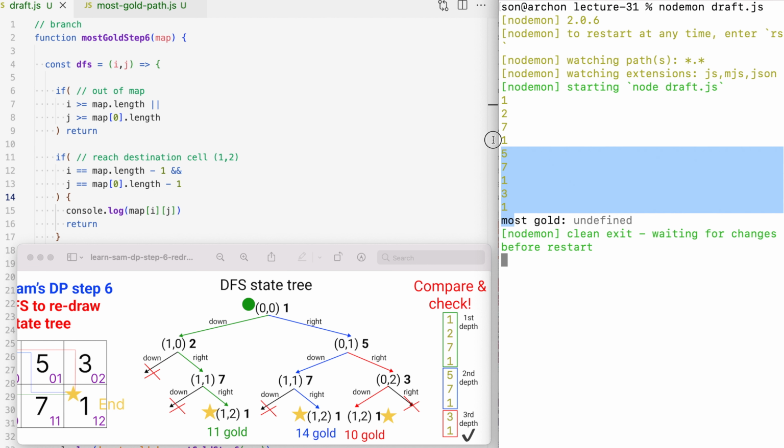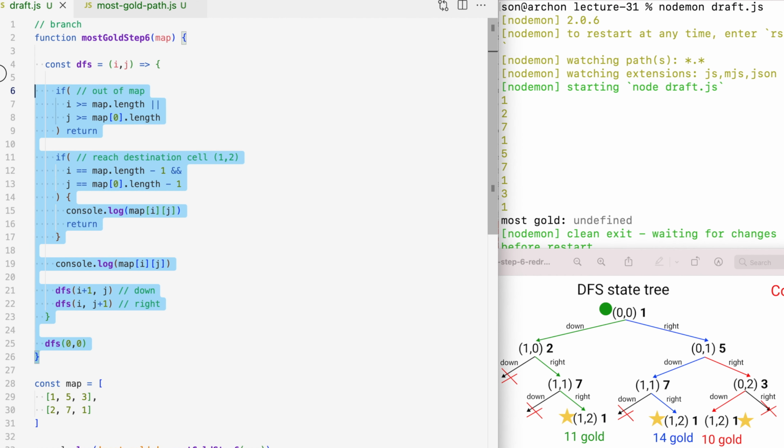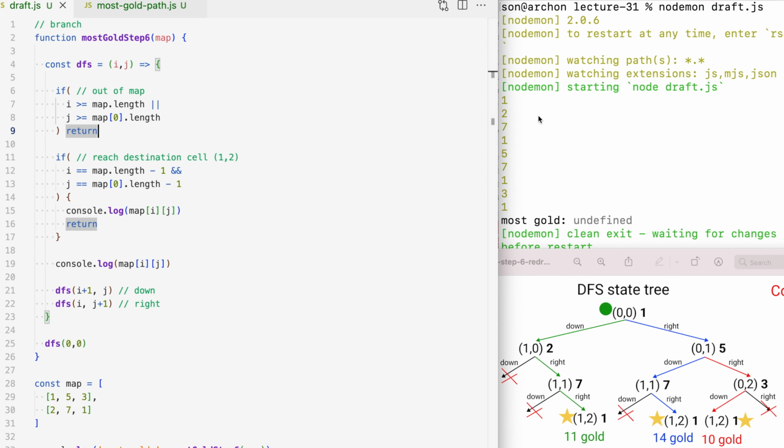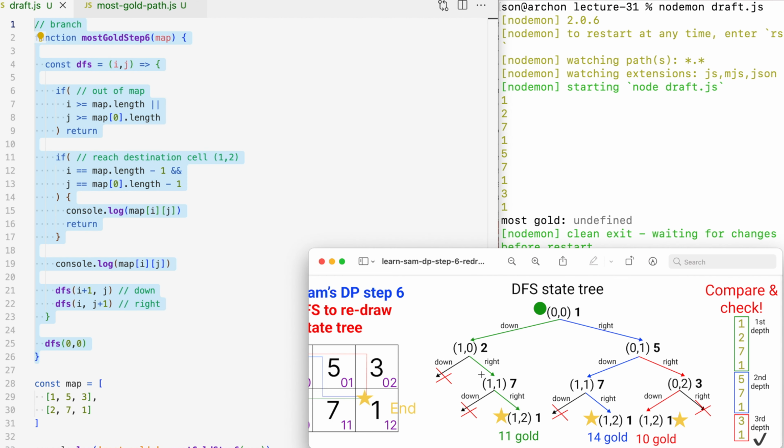So by this comparison of what we have on the console with the data in the depth-first state tree, we can be confident that our code is producing the same state tree where we solved the problem by hand. And that is how we know the computer is repeating our solution correctly.